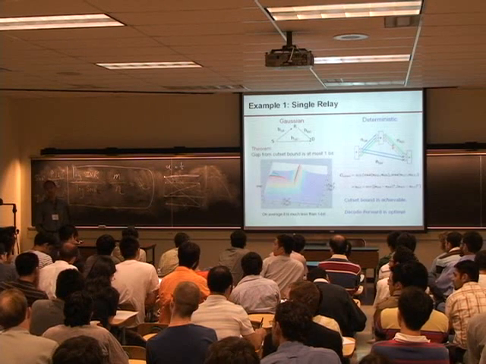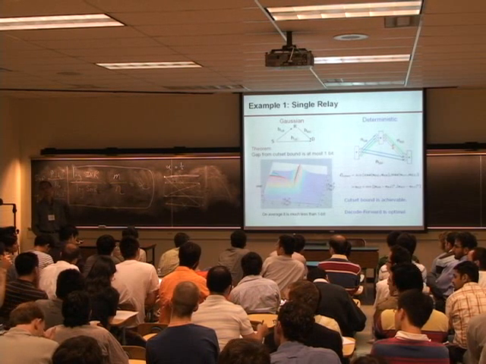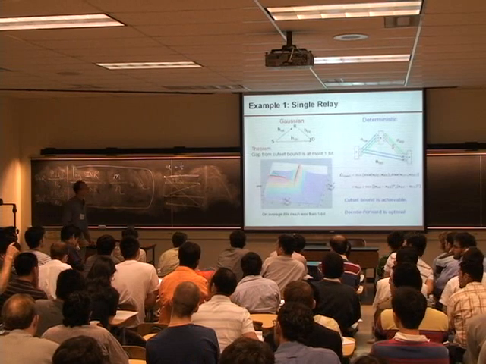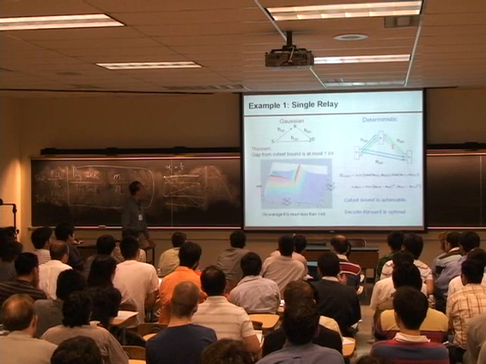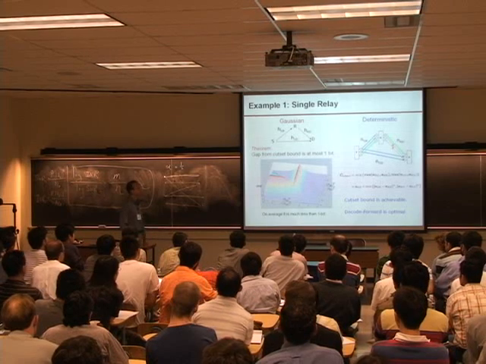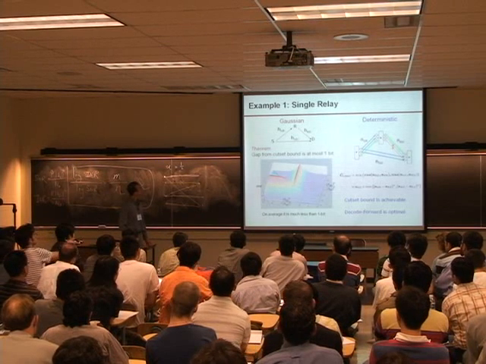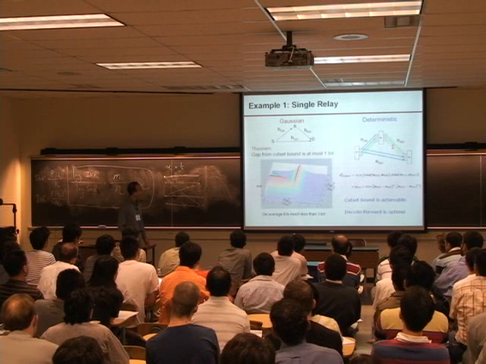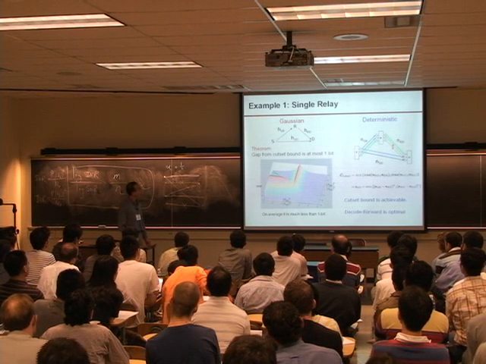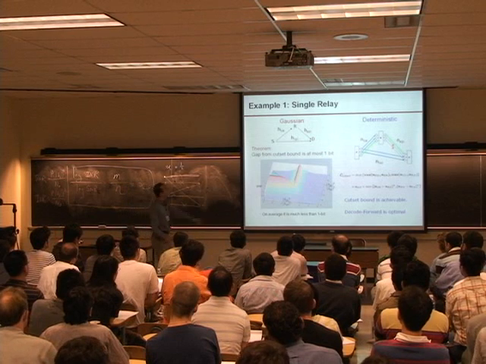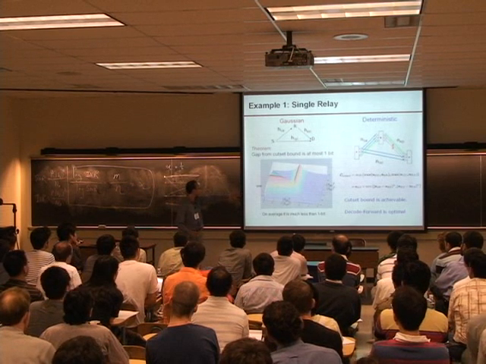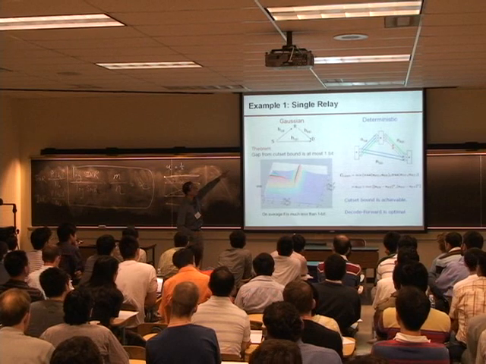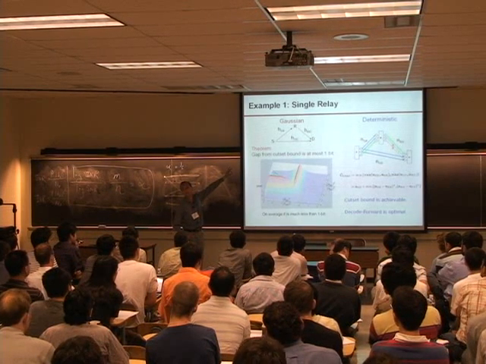Yes? When you say decode-forward, do you force the relay to decode the message also? Yes. So if h large, let's say, is 0, the decode-forward is... Yeah, then you decode 0, right? Yeah, that's a good question. I guess decode and forward. I see. So I think this is the case when the direct link is weaker than the two cross links, probably.